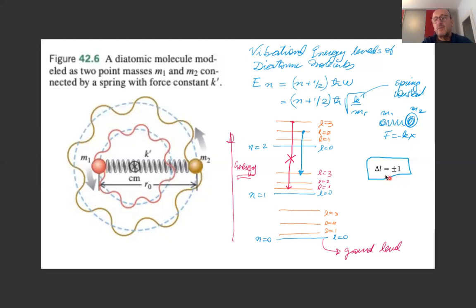So for example, this one from L equals 2 to L equals 3 is an allowed transition because delta L is equal to -1. And this one from L equals 3 to L equals 1 would be a delta L of -2, which is not possible. So this transition in red here is not allowed. When you have a spectrum, you have to be careful to understand which are the allowed transitions depending on this selection rule. This is what we saw at the end of the last lecture.